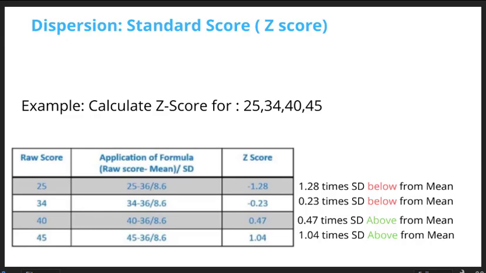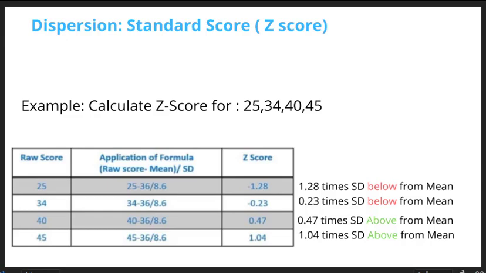If you see here, the mean is 36, so 25 is 1.28 times the standard deviation lower than the mean. That is how you have to read it, okay?